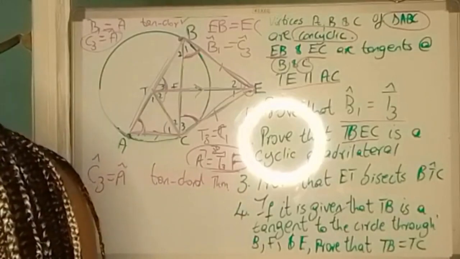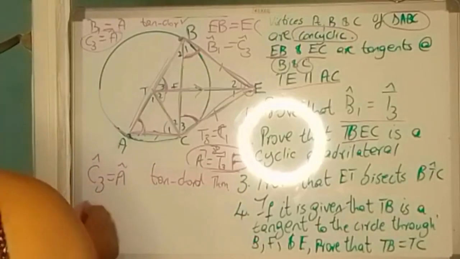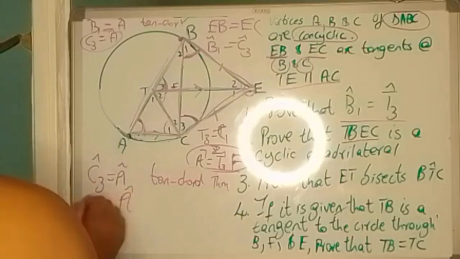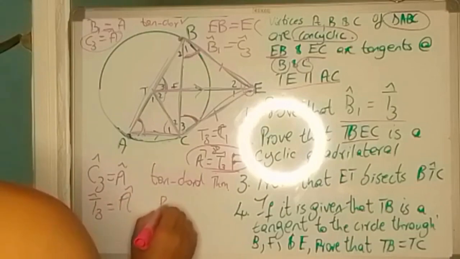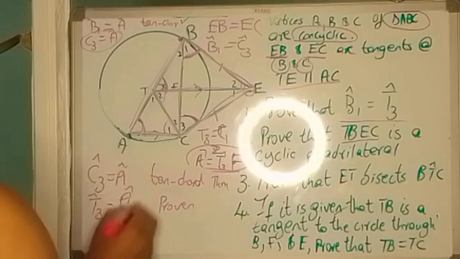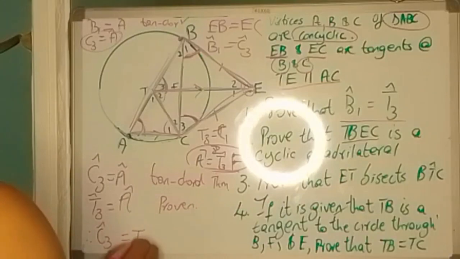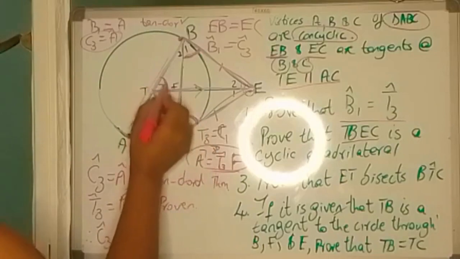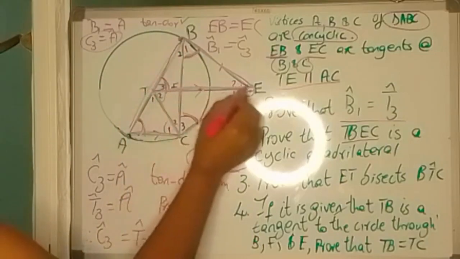Also, we have that T3 is equal to A. This we proved when we were solving one, so we can just say proven. Since both C3 and T3 are equal to angle A, therefore angle C3 is equal to angle T3. Where is C3? C3 is here, T3 is there. Notice that they are in a bow tie.